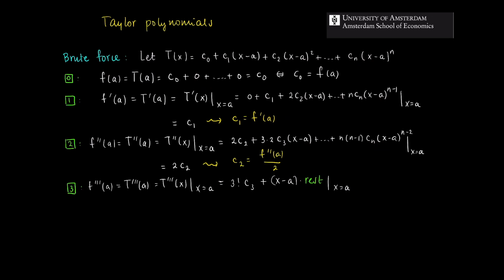Regardless of the constants that we have here, if we plug in x equals a, then the rest will just cancel out since I have a common term which equals x minus a. So what I get is 3 times 2 times 1 times c3, which is 3 factorial c3. So c3 should be equal to the third order derivative of f in a divided by 3 factorial.